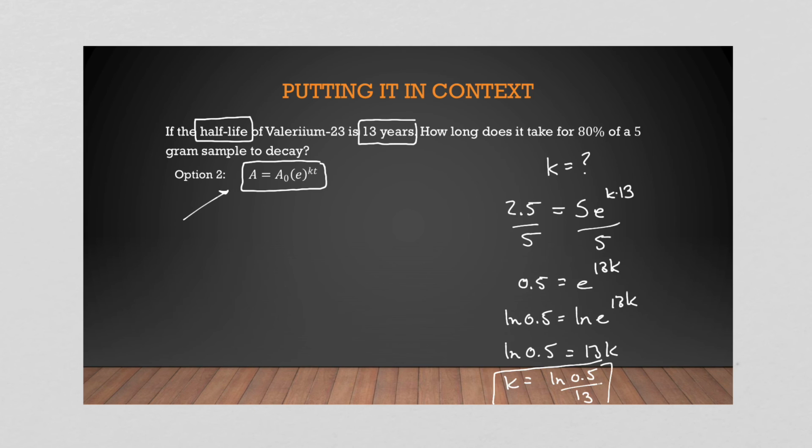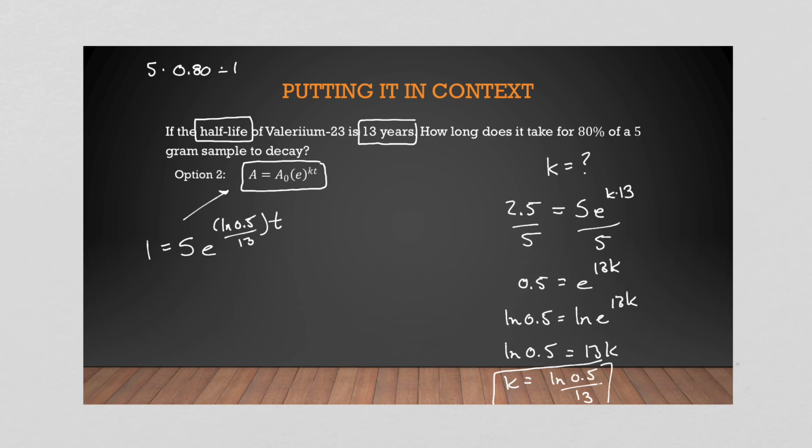The rest of the question stays the same from the previous page. 80% of 5 grams was 1 gram. So now that is what I want to know, and I had 5, but now this time I have e, and now my t value is I don't know, but my k value is natural log of 0.5 divided by 13, and then that is times my unknown time.